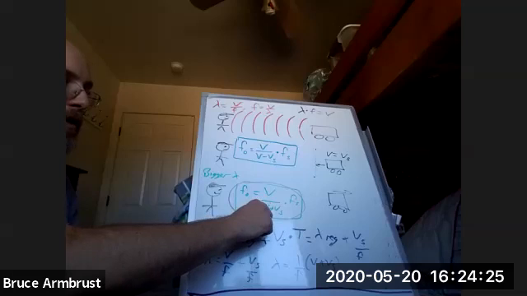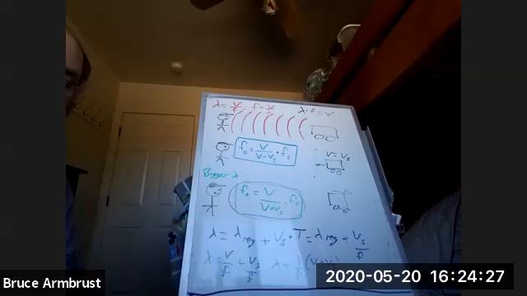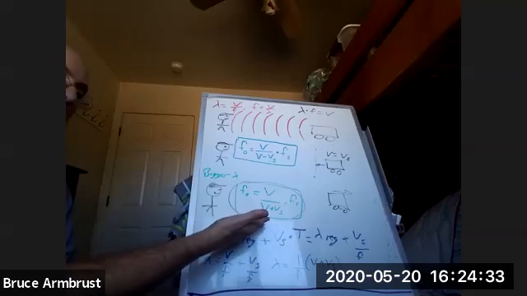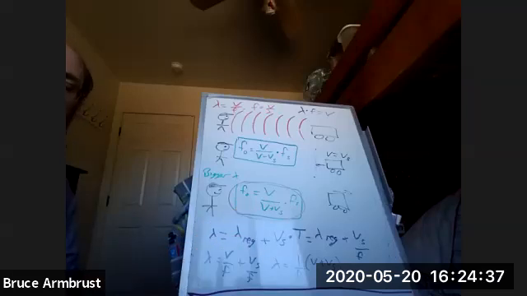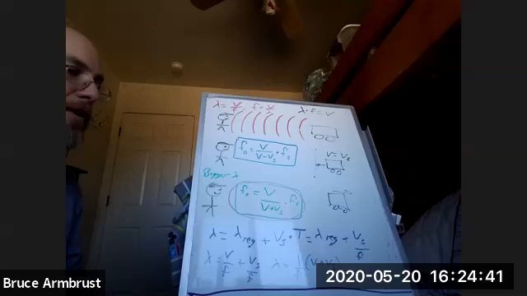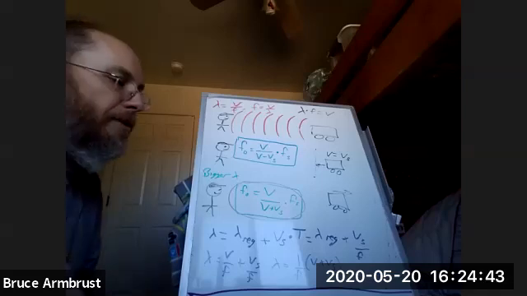Sometimes they'll put a plus or minus and say the plus is if it's moving away, minus if it's moving towards. I like just having one and remembering that when we're talking about velocity, we need to know direction, and so we need plus or minus.